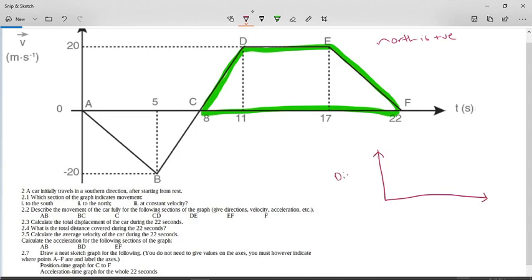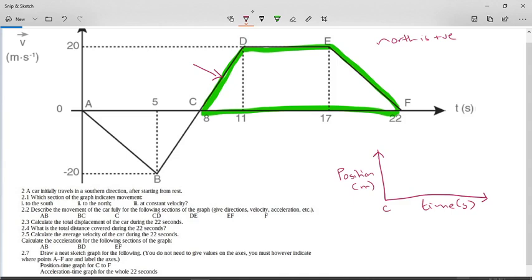So this is going to be position, and we're going to mark it in meters because it wants you to label the axis, and this is time in seconds. We are starting at C, so at this point on the graph it is C. At C there was no velocity, but from C to D you can see we had a constantly increasing velocity.